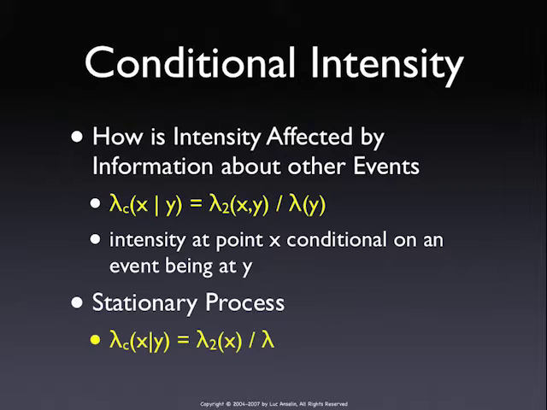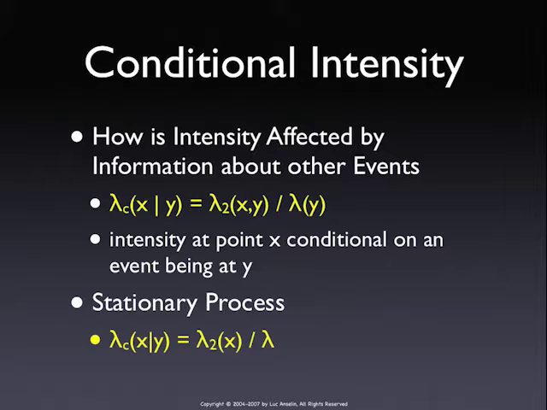Conditional intensity is saying, what if I have an event here, and I know that? It's conditioned on the fact that I know that. How does this affect this product with the intensities between my point here and any other point? So just think of it as a counterpart between a joint density and a conditional density.